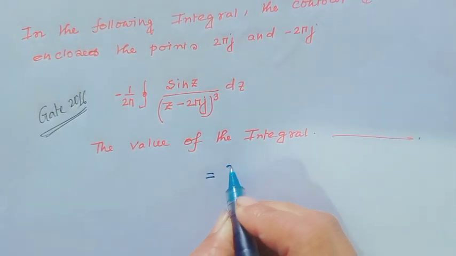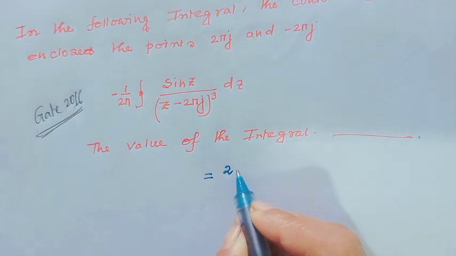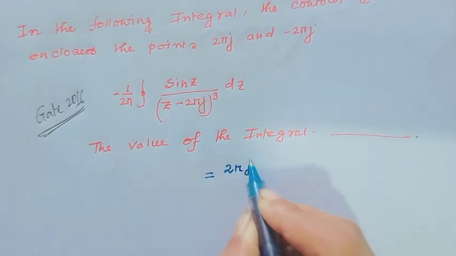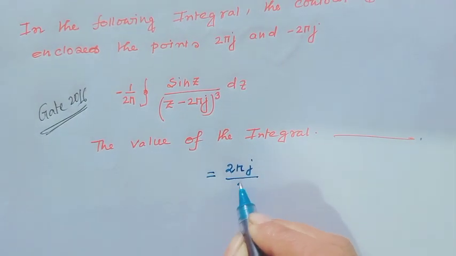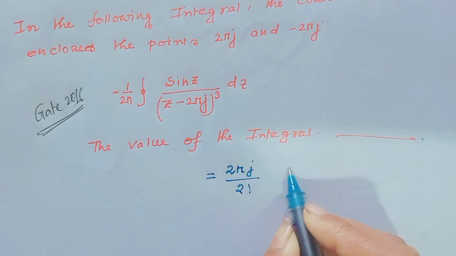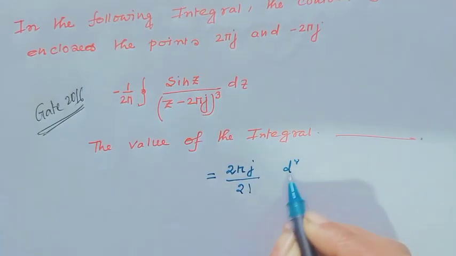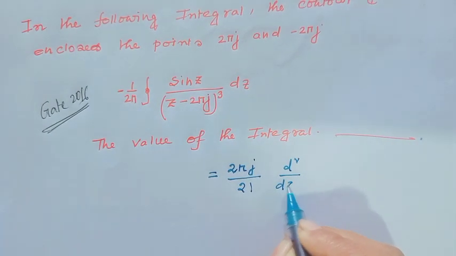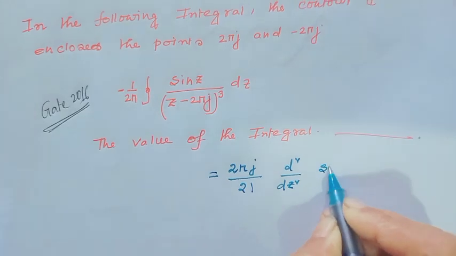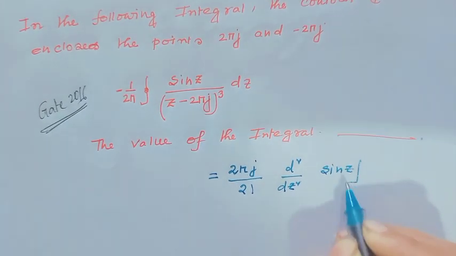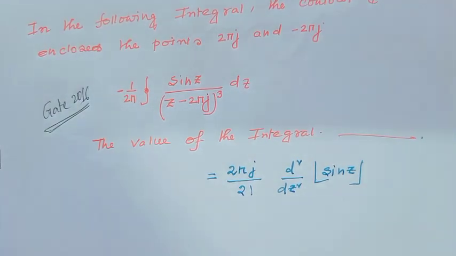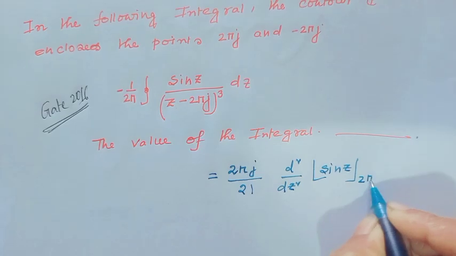Since here it is j, not i, this value is 2 pi j over 2 factorial, d2 over dz2 of sin z, at the point 2 pi j.